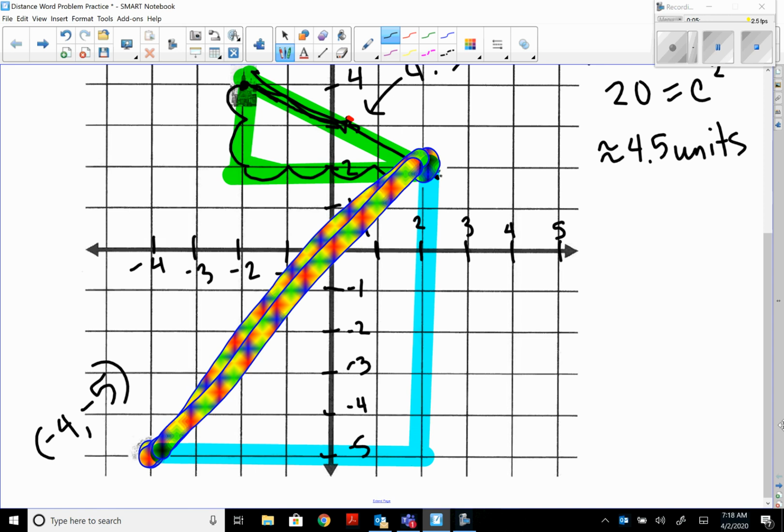So let's figure out the length of the horizontal leg. It's 1, 2, 3, 4, 5, 6 units. And then the length of the vertical leg, 2, 4, 5, 6, 7 units.